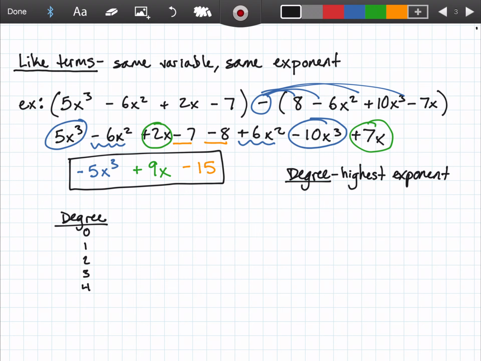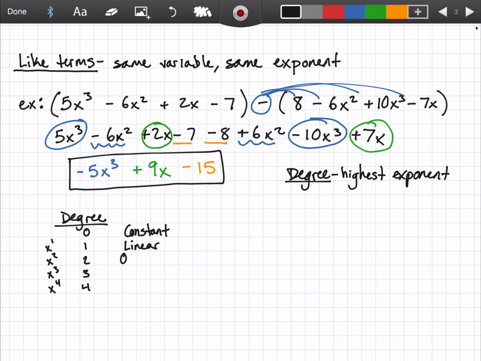Okay, so if your degree is 0, then turns out anything to the 0 power is 1. Oh yeah, don't worry, we'll go over that next. So if your degree is 0, you have a constant. If your degree is 1, meaning you have x to the first, then it's going to be linear.